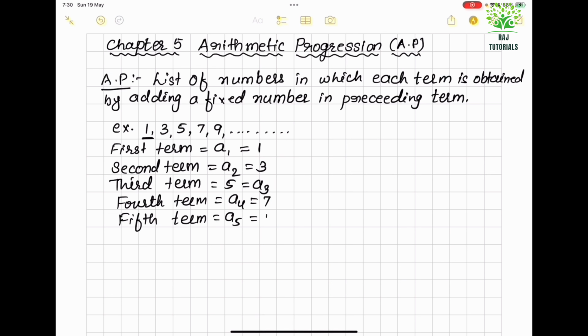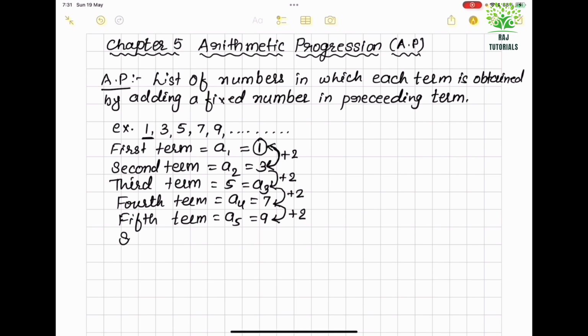A5, that is 9. Now if you see carefully, if I add 2 in this number I will get this number, so plus 2 I am doing. Again if I add plus 2 in that, I will get 5. If I add plus 2 in that, I will get 7. If I add plus 2 in that, I will get the next term.